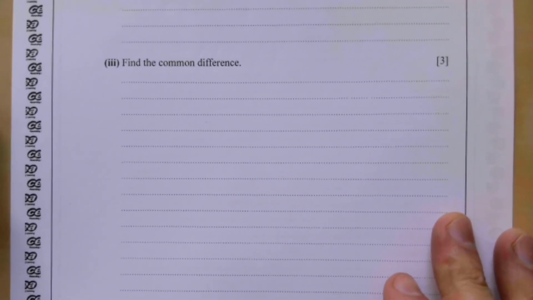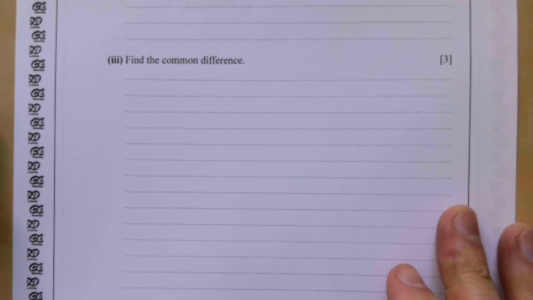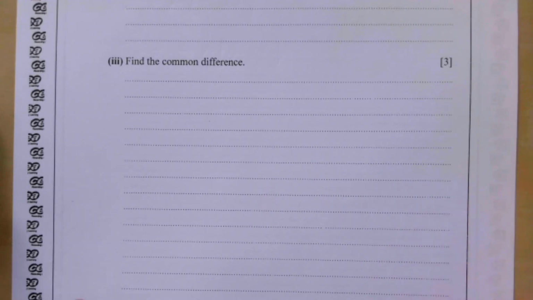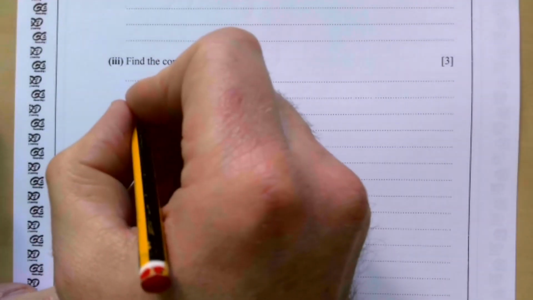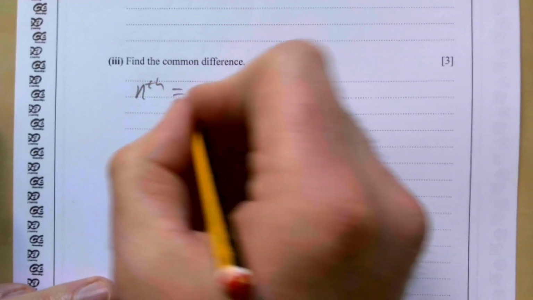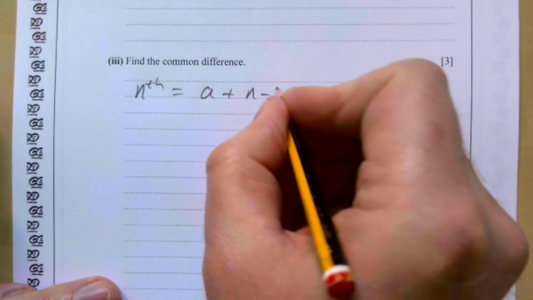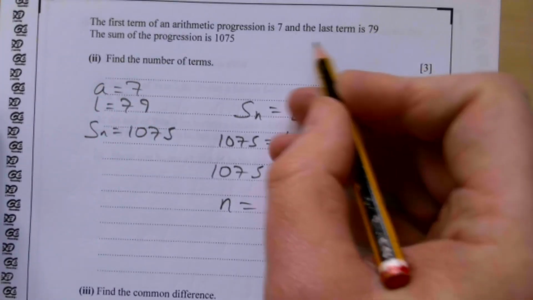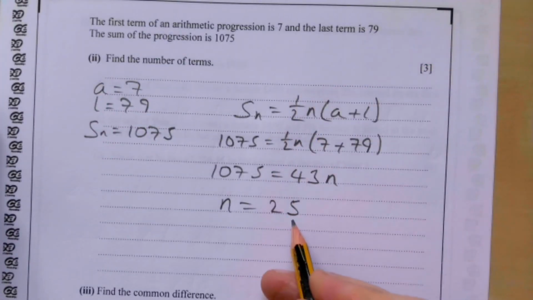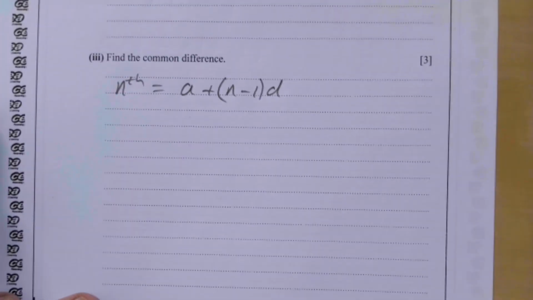Find the common difference. Just give me a second to get the formula. Use the nth term formula here. So the nth term is of course a plus n minus 1 d. And if the last term was 79 and we know there are 25 terms, we can set it up like that.